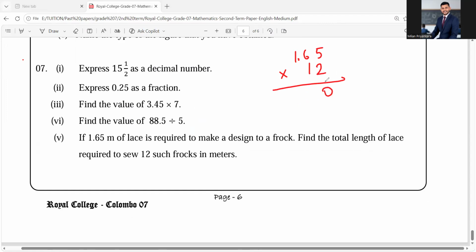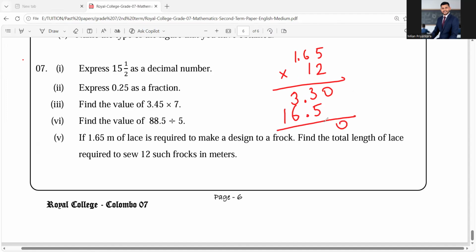2 into 5, 10, 2 into 6, 12 plus 1, 13, and 1 carries. 2 into 1 is 2 plus 1, 3. Okay, you write the decimal point just below the decimal point. 1 into 5 is 5, then you put 0 and this decimal point. 1 into 6 is 6, 1 into 1 is 1.